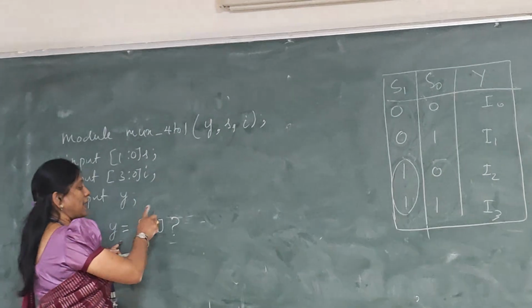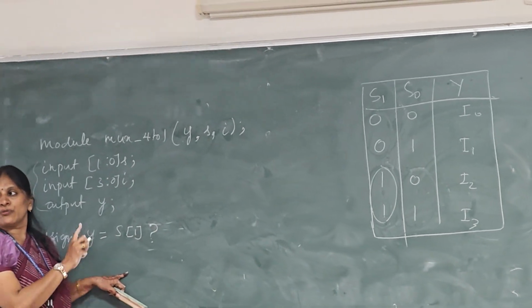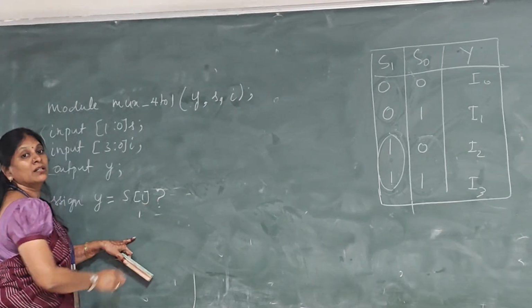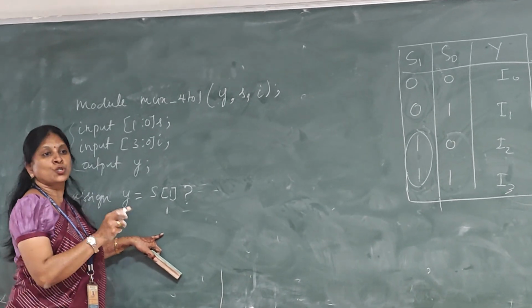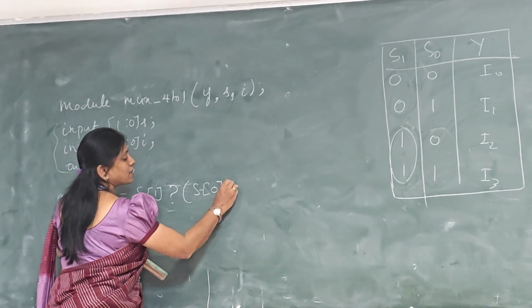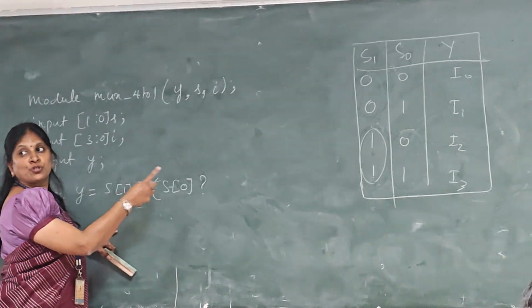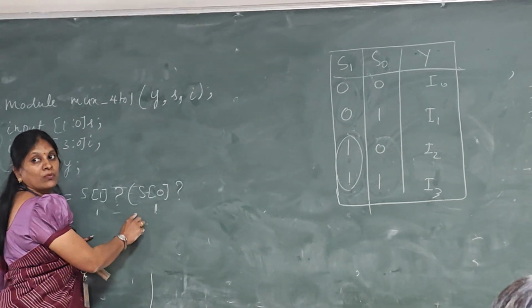So how will you apply it here? If S of 1 is true, which means S of 1 is 1, then what you have to check is the S0 value, whether it is true or false. Then if S of 0 is true, that is S of 1 is true and S of 0 is true, then what is your output?